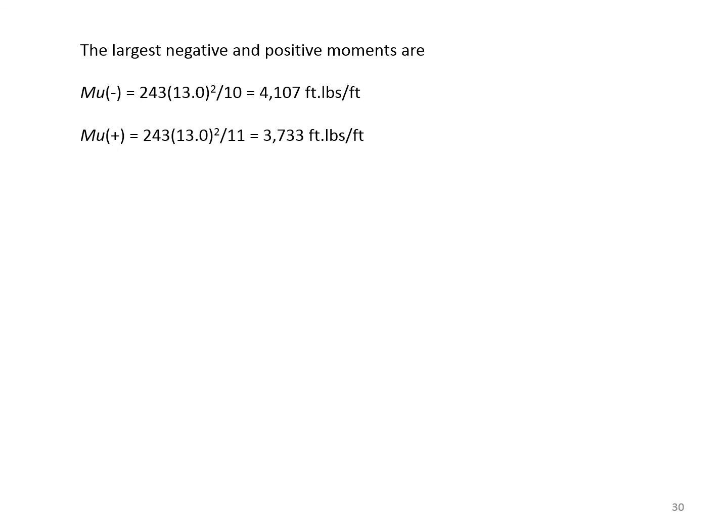Putting the numbers in the equation, we get the Mu negative. The maximum value is 4,107 foot-pounds per foot, and the maximum positive moment is 3,733 foot-pounds per foot. And shear would be equal to 1,816 pounds per foot. This is the maximum shear.